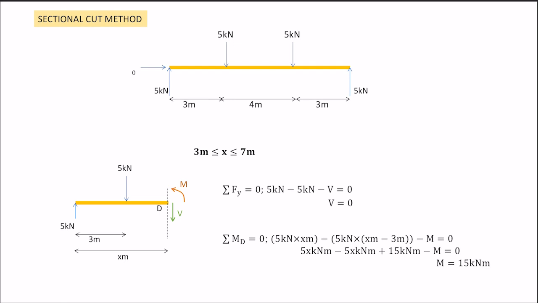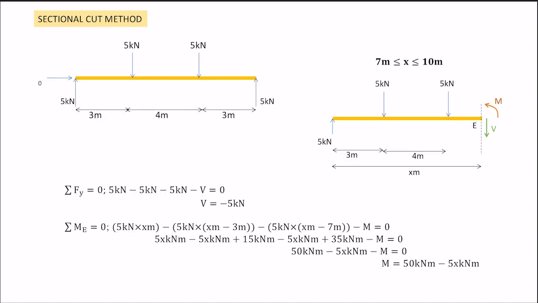We have another section that we need to cut, which is before the 5 kilonewton at the end. If here is D, and earlier here was C, here I put it as E. When I cut it, I put the X limitation here: it must be bigger than or equal to 7 meters.